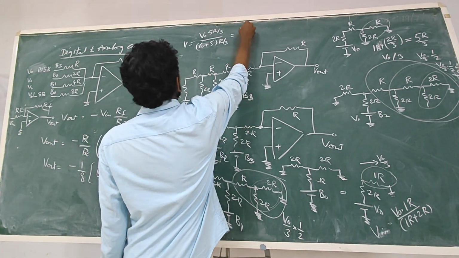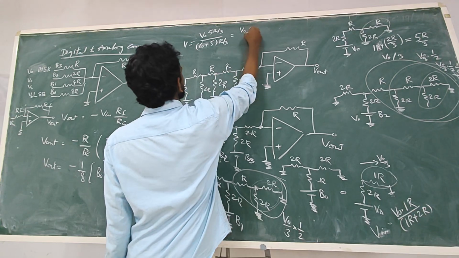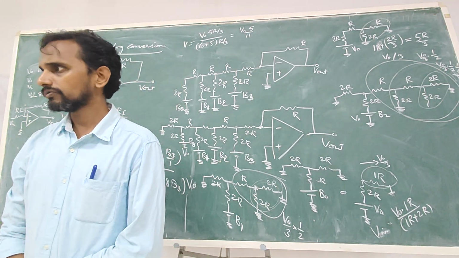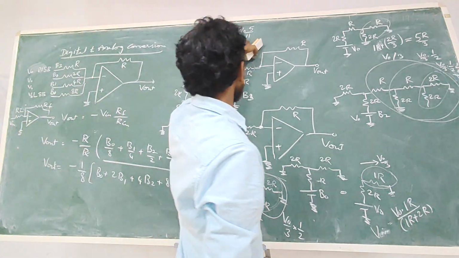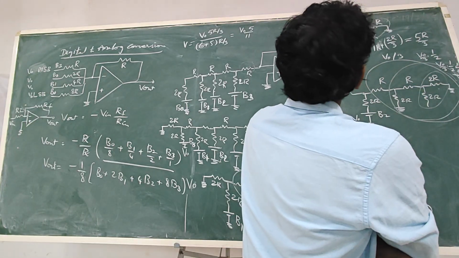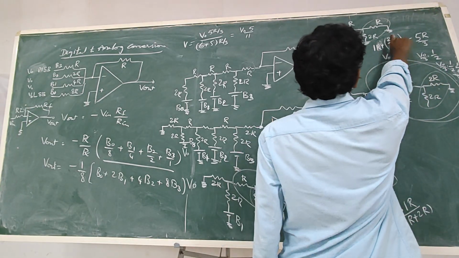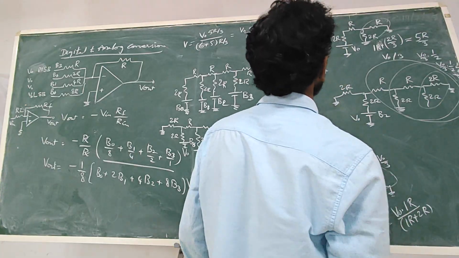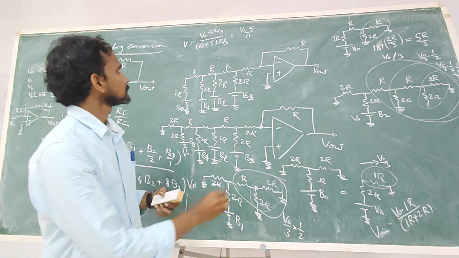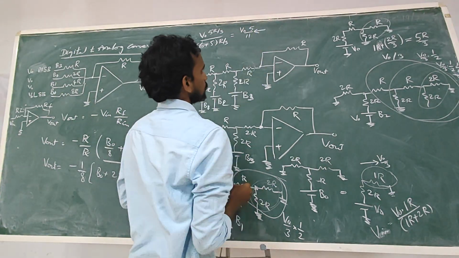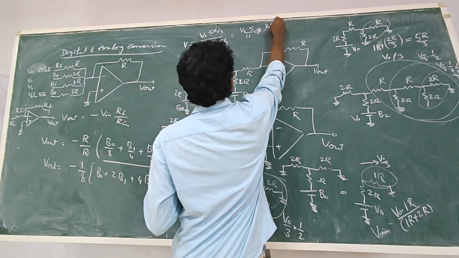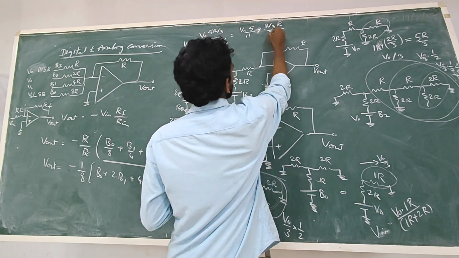So it is V naught, 5 by 11. V naught into 5 by 11, and that voltage is now divided between R and 2 by 3R. So this 5 by 11 portion is now divided between 2 by 3R and 5 by 3R.